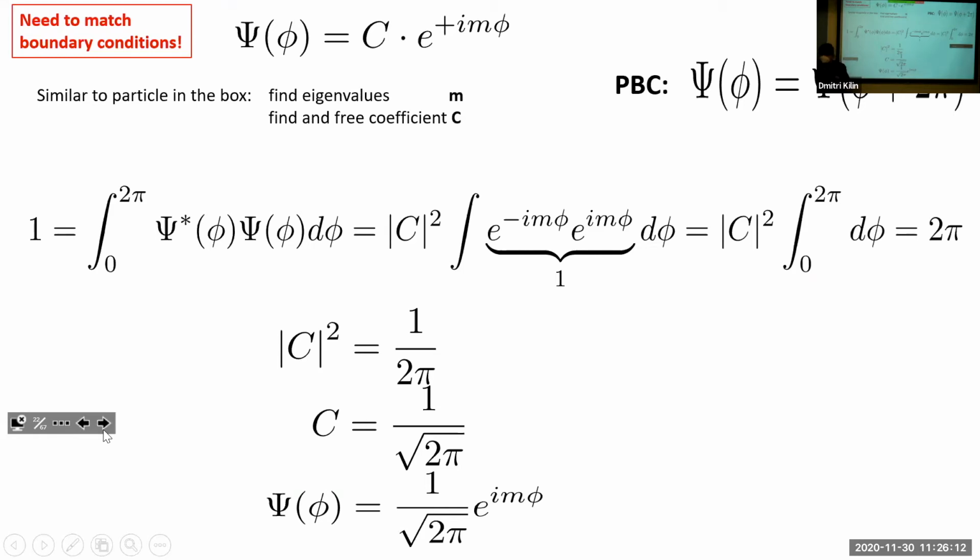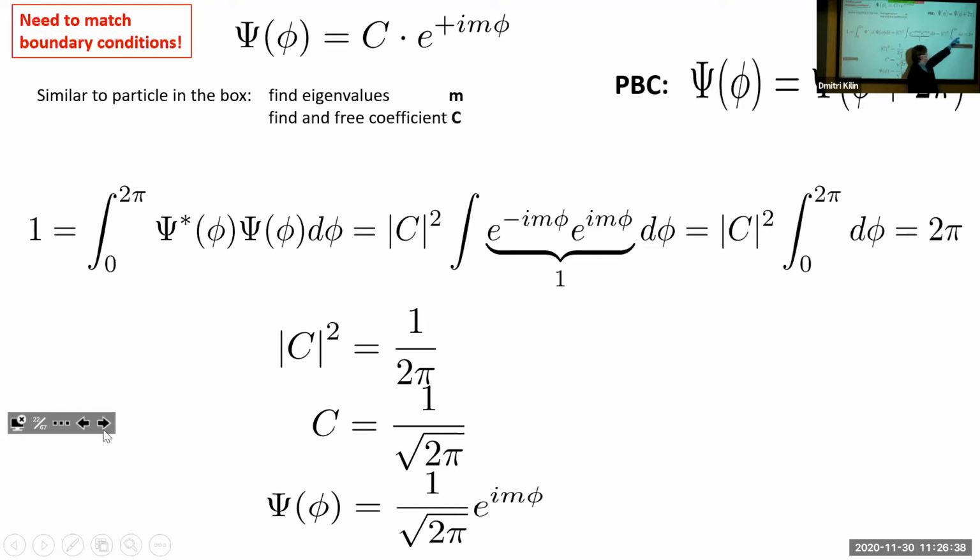Another thing that we need to take into account is normalization, right? So the wave function squared should integrate to 1. The conjugation swaps the sign, which means just the integral of the independent variable, which gives 2 pi.